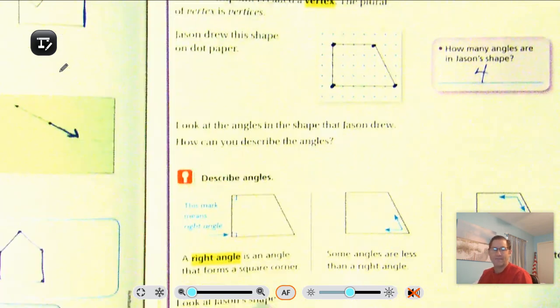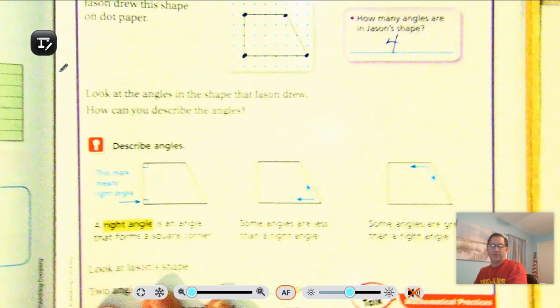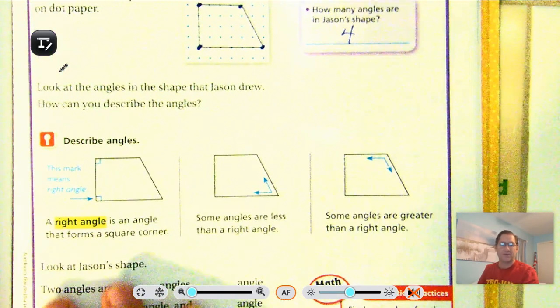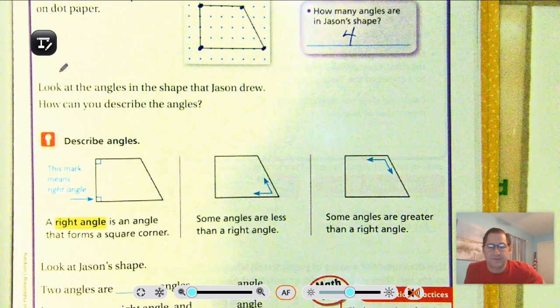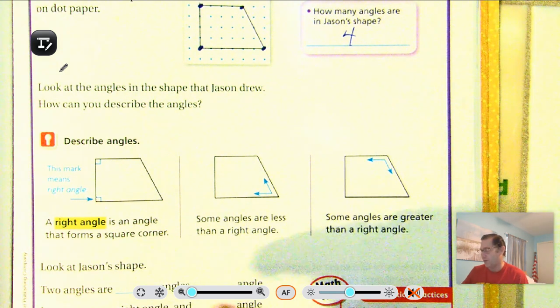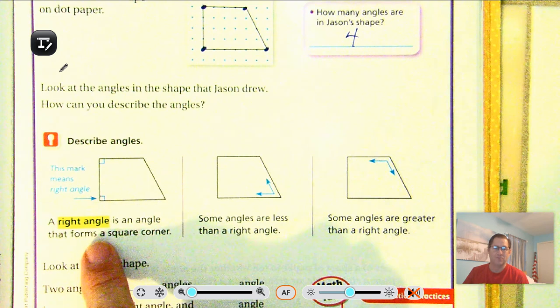All right, so we have 3 different types of angles that we need to know how to do in third grade. Okay, and we're not going to worry about their special names. Okay, that's our next grade level. So in third grade, all we really want to know is that one angle is called a right angle.